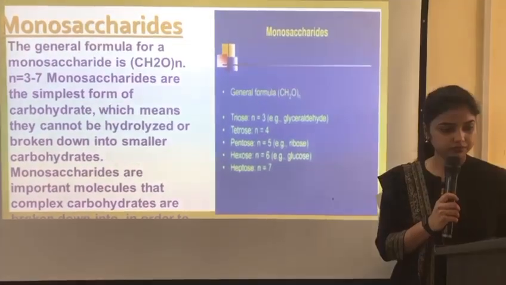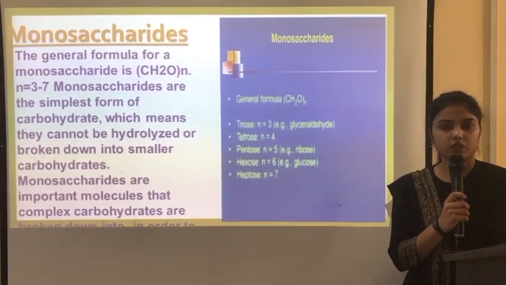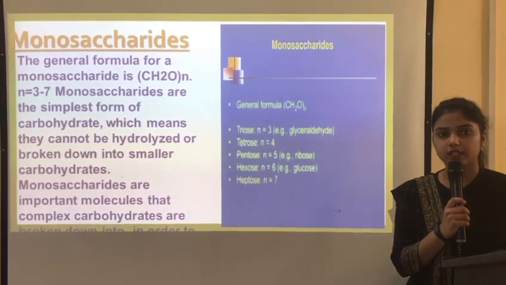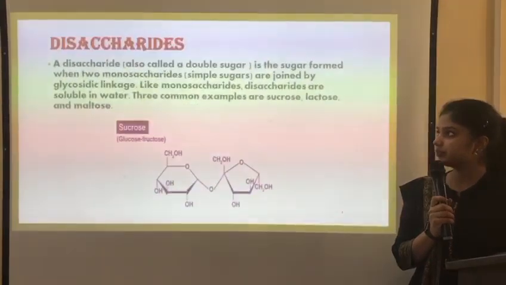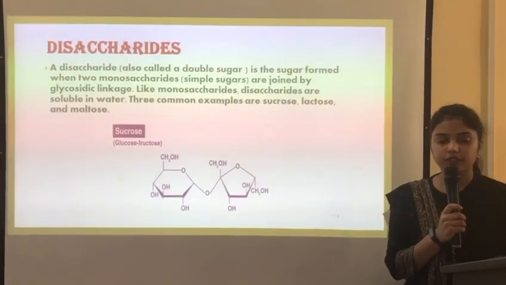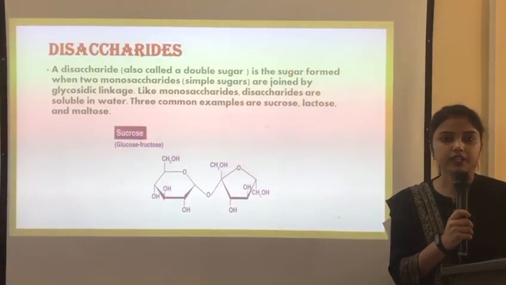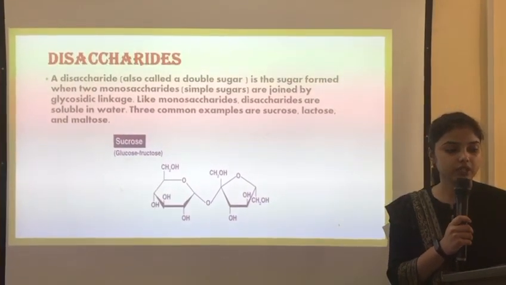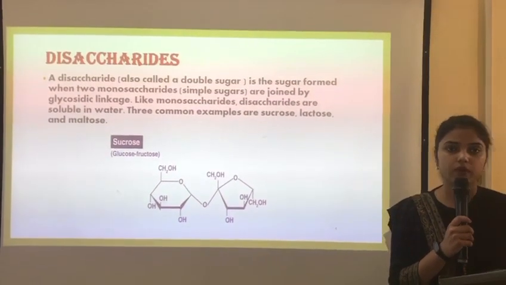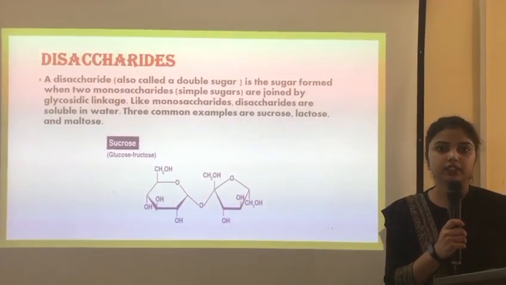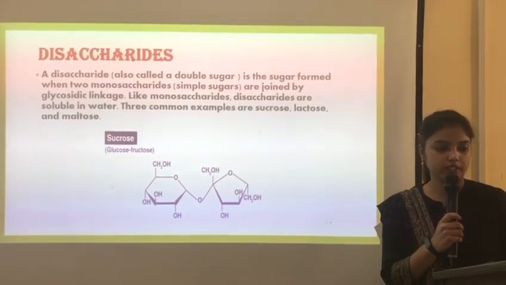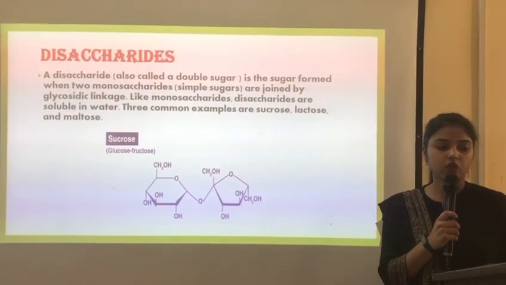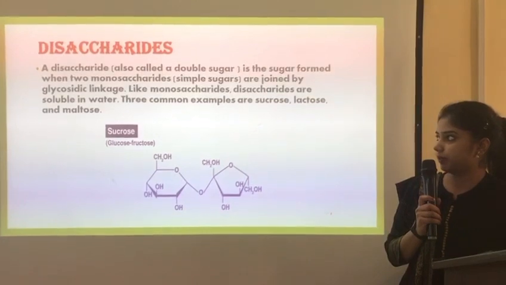Next topic is disaccharides. A disaccharide is a sugar formed when two monosaccharides are joined by a glycosidic linkage. It is also called a double sugar.